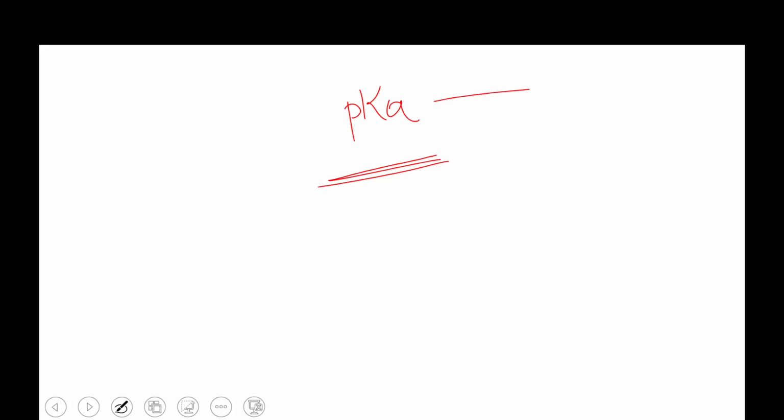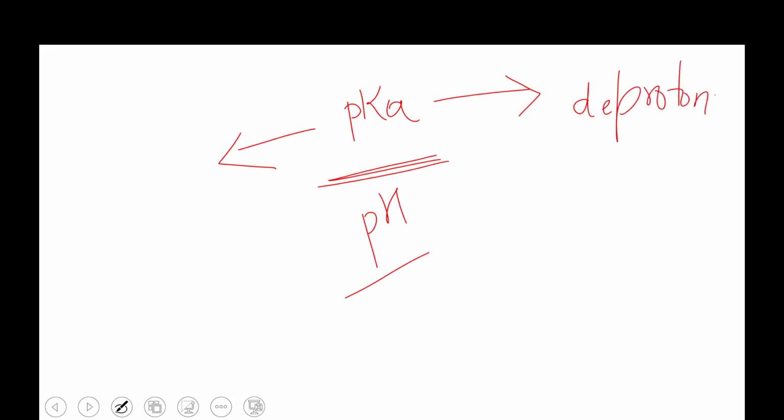When you go above the pKa, deprotonation happens, and at lower pH the protonation happens.